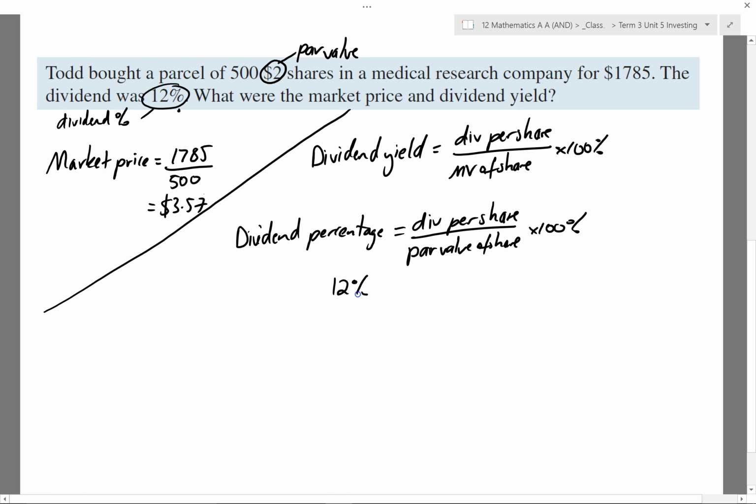I know this is 12%. Dividend per share I'm trying to find, so I'll write that as X. Par value of the share, well, it was originally $2, and multiply by 100 to make it into a percentage. To get X by itself, I need to multiply 12 by 2 and divide by 100. So I'll end up with a dividend per share of 24 cents.